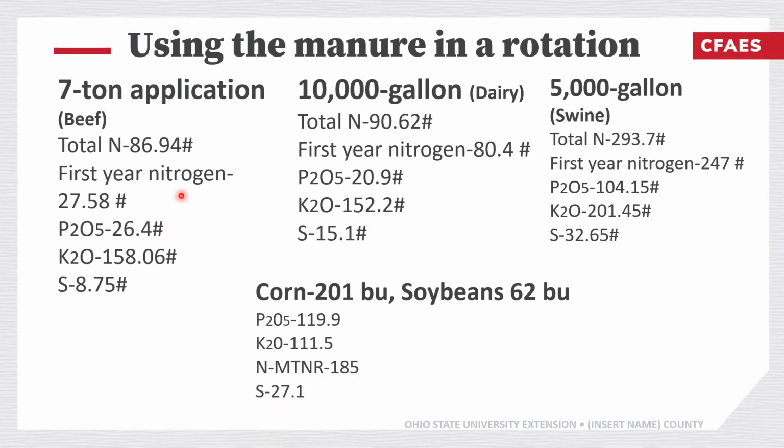So when we look at the beef manure, we didn't meet our phosphorus needs. So we're going to need to apply more P2O5. We're going to need to apply some nitrogen, but we can reduce our crop removal rates by whatever our manure test was.